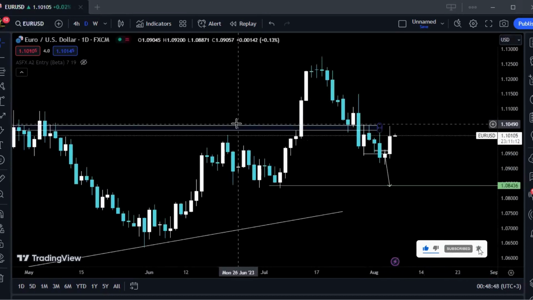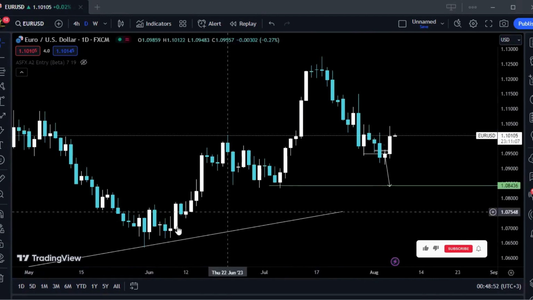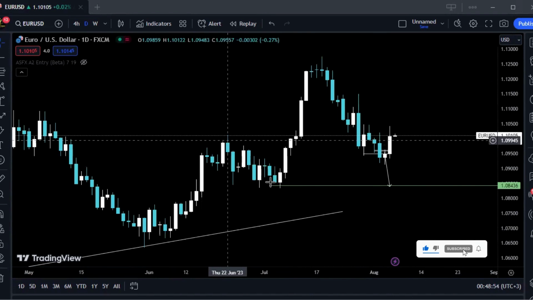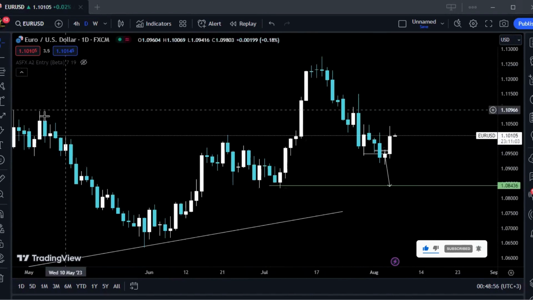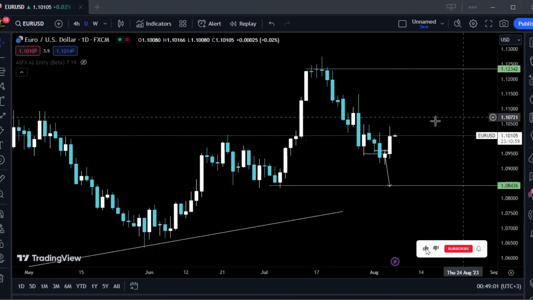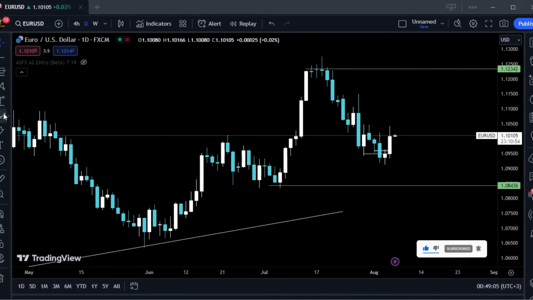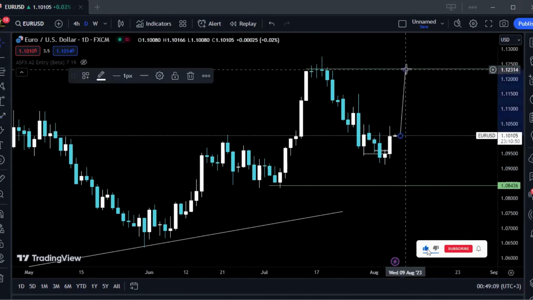With EURUSD, obviously, we're going to anticipate to see prices push higher as we had a low, we had a high, we had a higher low, higher high. So we're going to anticipate to see prices push from where they are to up here.